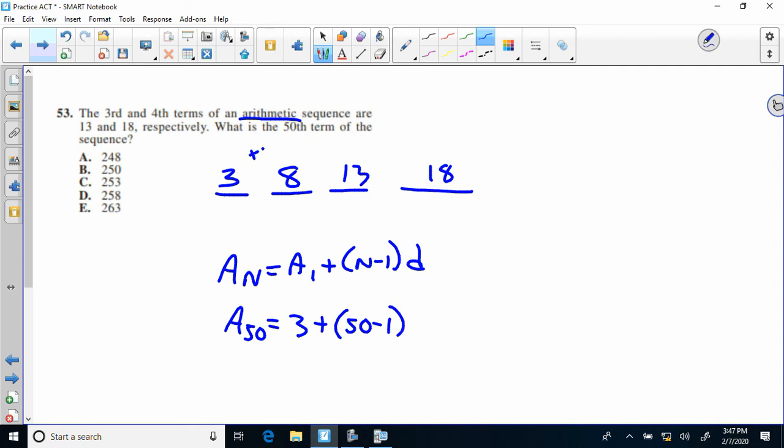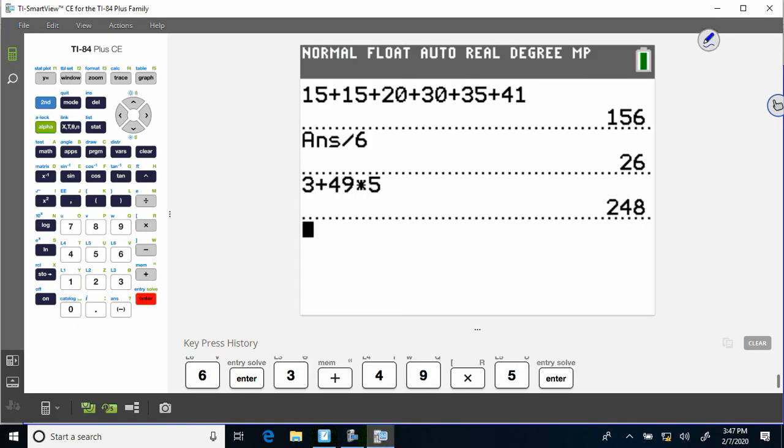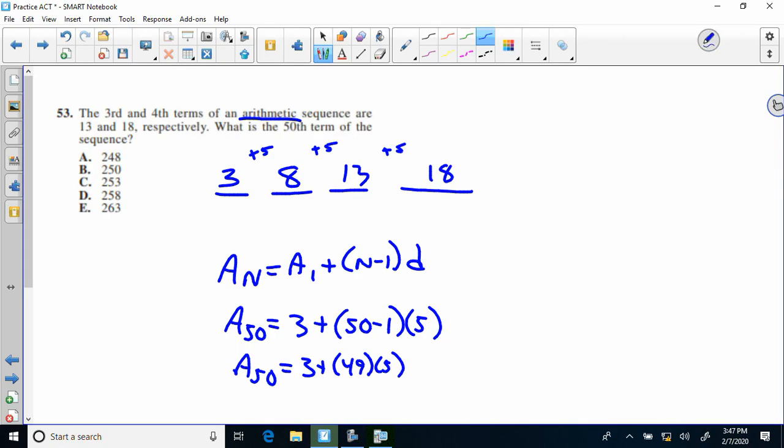Well, I added 5 each time, so my difference was 5. You throw it in a calculator and you'd have your answer: a sub 50 is equal to 3 plus 50 minus 1, which is 49, times 5. So I would go to my calculator and do 3 plus 49 times 5 and say it's 248. So my 50th term was 248, which is letter A.